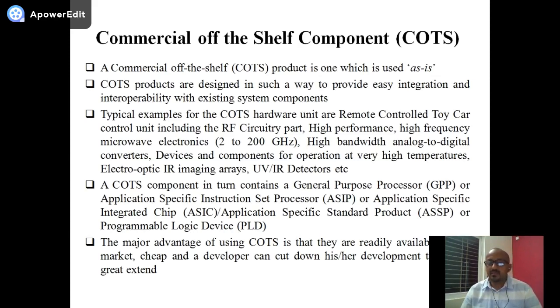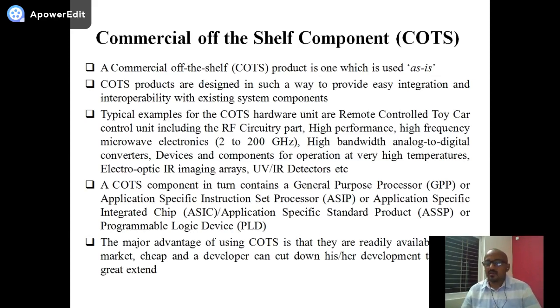A typical example of hardware units is a remote control toy car, whose control units and RF circuitry parts are ready-made and available. Simply you have to bring those components and use them in the development of your toy, which is also an embedded system.